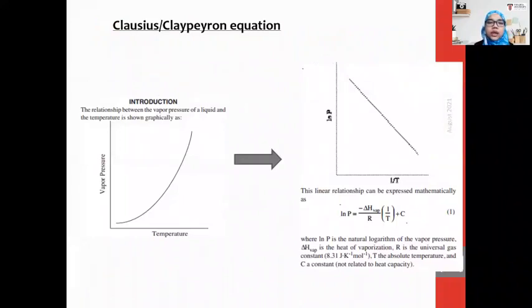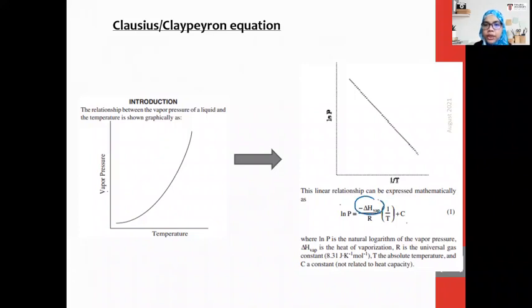Okay, this is another way we can rearrange. The diagram shows the relation between vapor pressure and temperature, which increases exponentially, and then we can convert it into a linear equation.